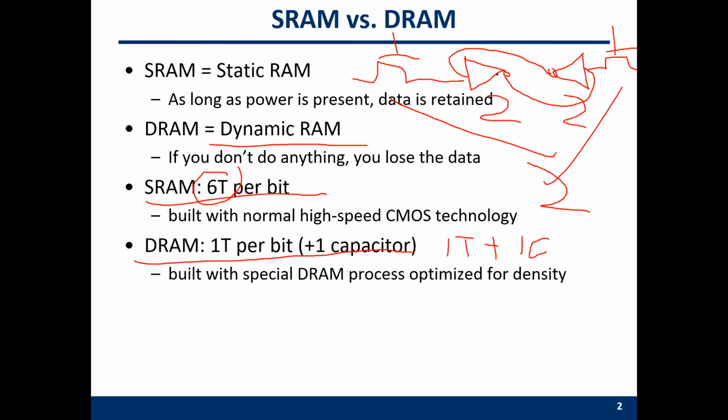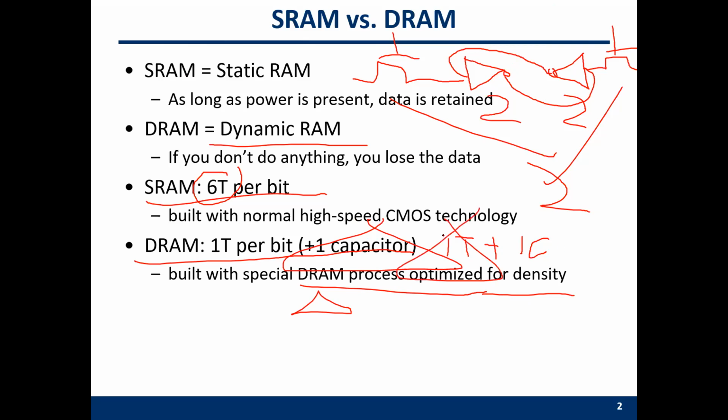But DRAM is different. DRAM is not CMOS compatible. DRAM process technology is heavily optimized for density because of the capacitor and also the transistor.